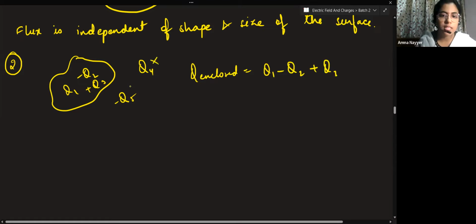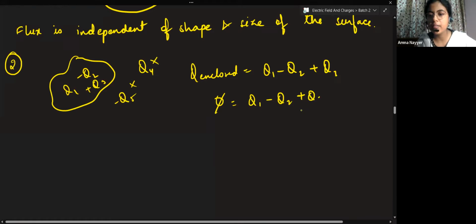You don't have to consider these charges. So your flux will be Q enclosed, means Q1 minus Q2 plus Q3 divided by epsilon naught. This is the value of the flux that you get. So I'll write down the statement as well.